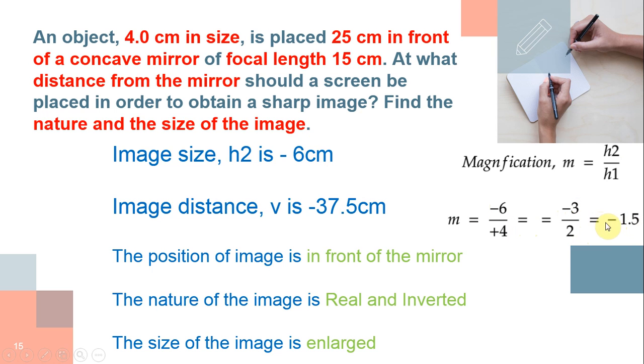Here minus indicates real and inverted, and 1.5 means greater than 1, so the size of the image is enlarged. And V is equal to minus 37.5. Minus indicates the position of the image is in front of the mirror. So these three pieces of information you should write, don't forget.